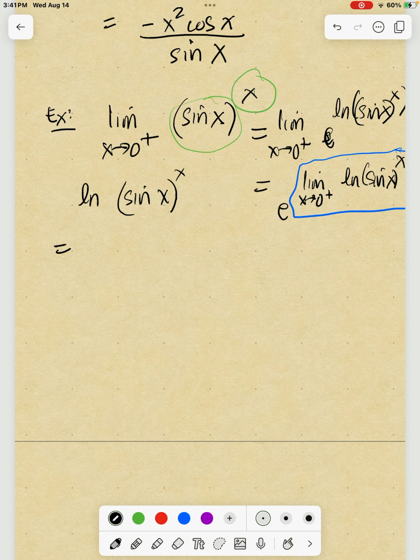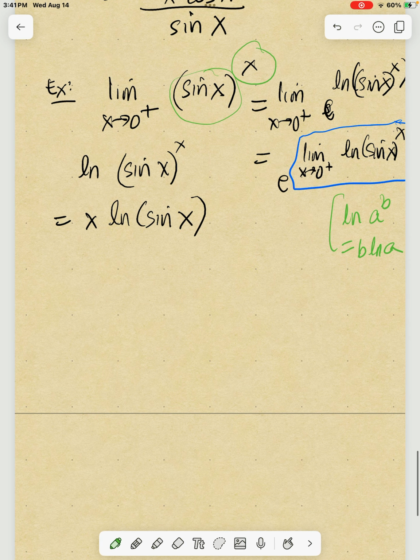We use our exponent facts, right? This is equal to x times the natural log of sine x. Because again, we're using the algebra fact that when you have natural log of a to the b power, if a and b are positive, this is equal to b times the natural log of a. And here our a is sine x and our b is x. And when you just apply this fact, you get what we get.